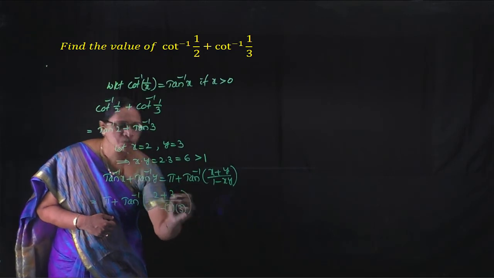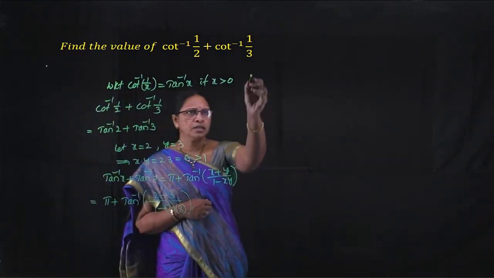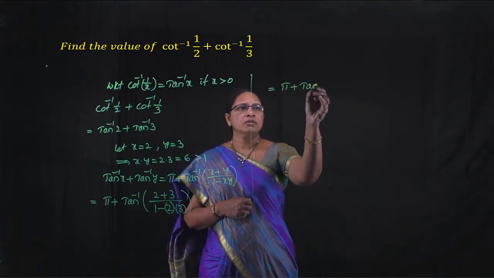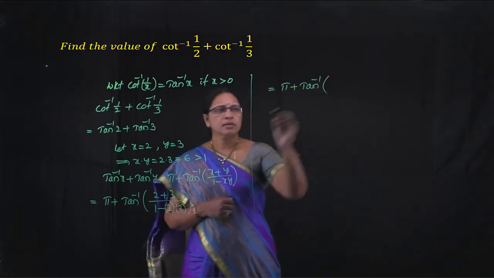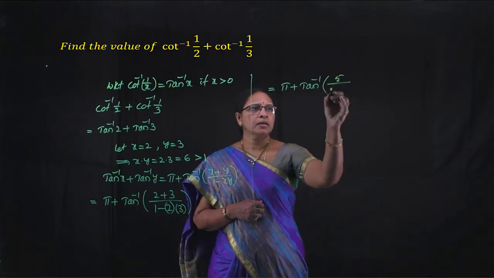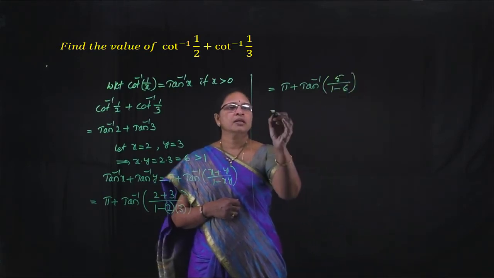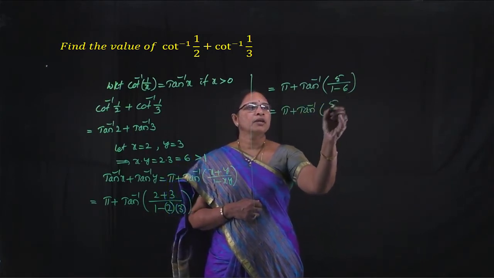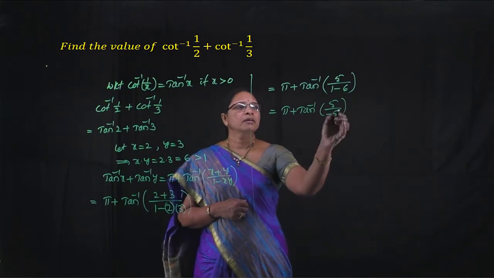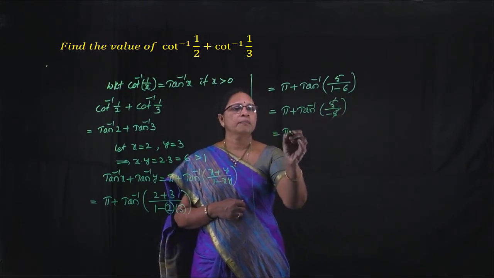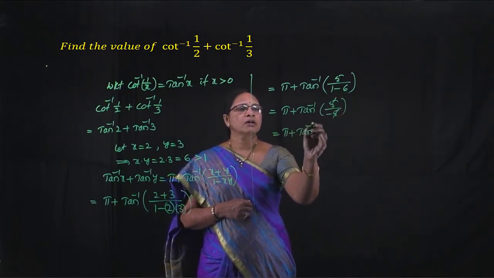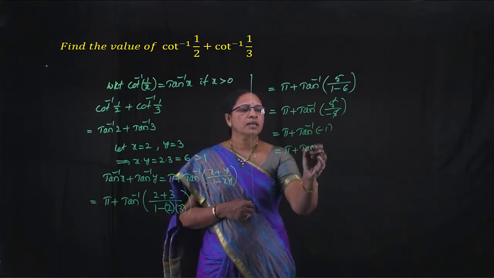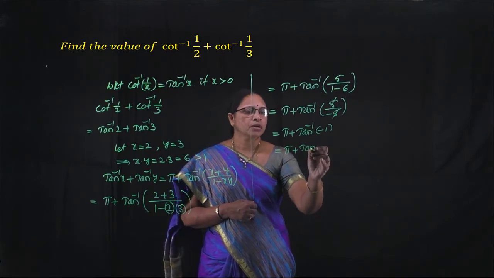That equals pi plus tan inverse of 5 by 1 minus 6, which equals pi plus tan inverse of 5 by minus 5. The 5s cancel: pi plus tan inverse of minus 1.